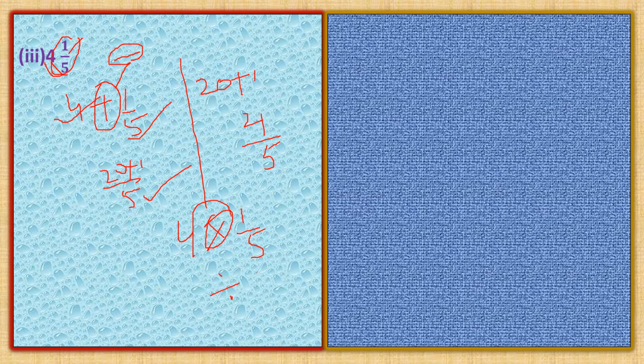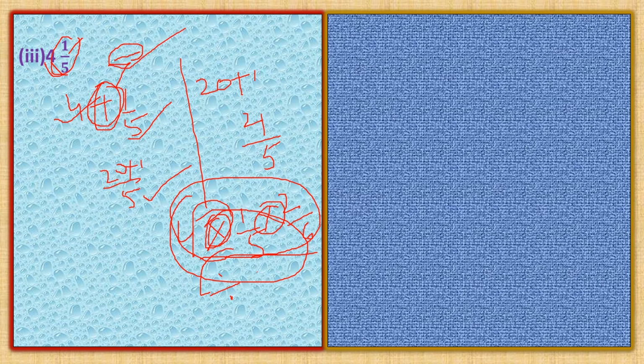This is completely one term only. 4 into 1 by 5 is one term only. If I added here 2 by 6 or whatever number, this is also one term only. This is not a separate term, because here the symbol is into. Even if it is a into or division symbol, they come under one term. If there is plus or minus, then only the terms are separated. Okay, this you should remember.